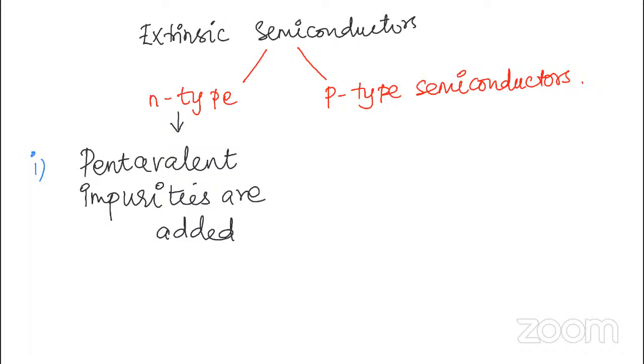Very good. Penta means it is 5. Okay, pentavalent impurities are added. Here we can have some examples: phosphorus, arsenic, and Sb, antimony, right?